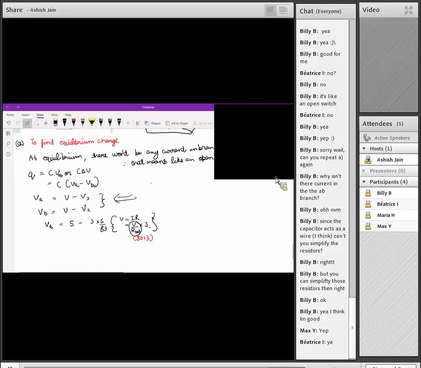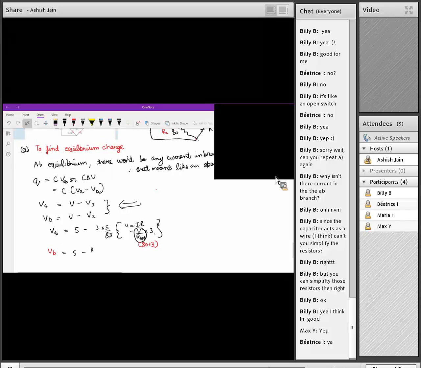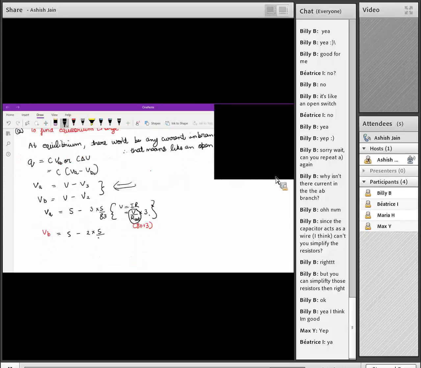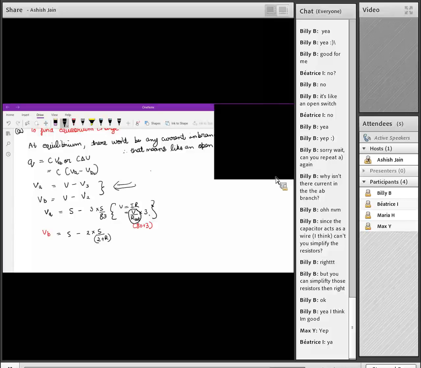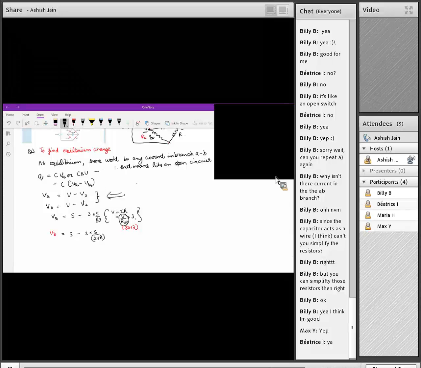Okay, if you guys get it, then we can write the same for VB: 5 minus 2 into 5 by 2 plus R. Does it make sense? For VB, if it's okay, now just apply equation 1.